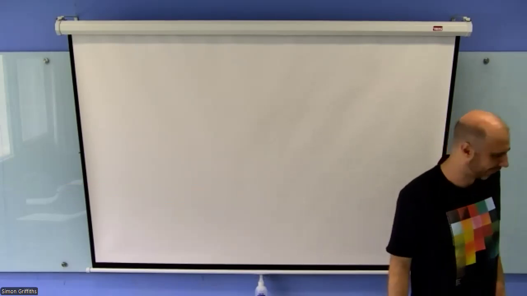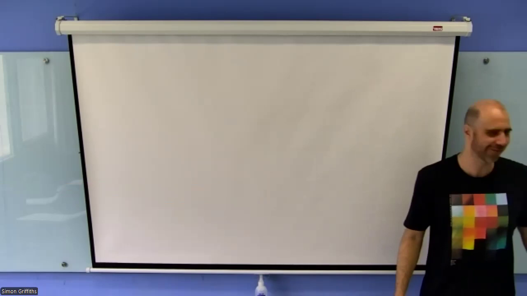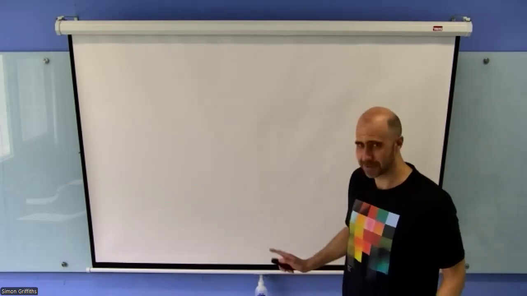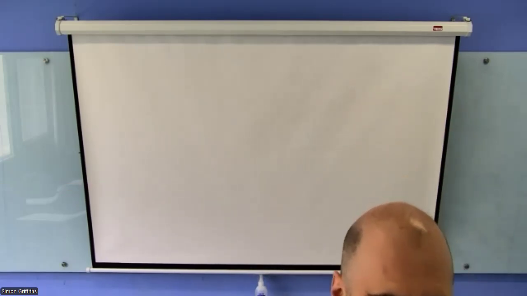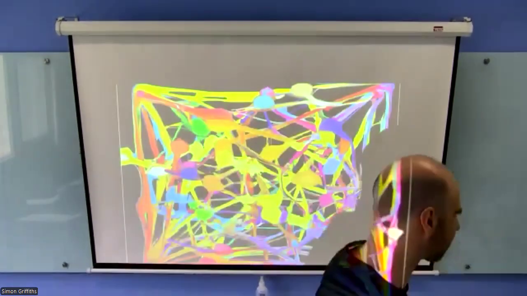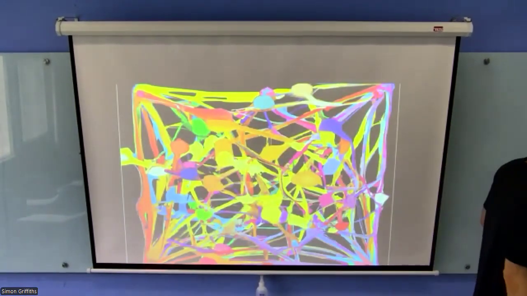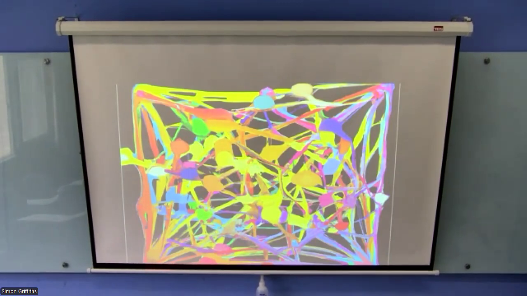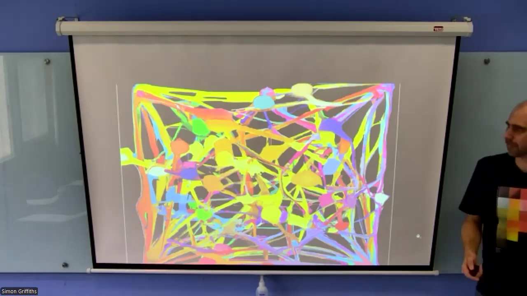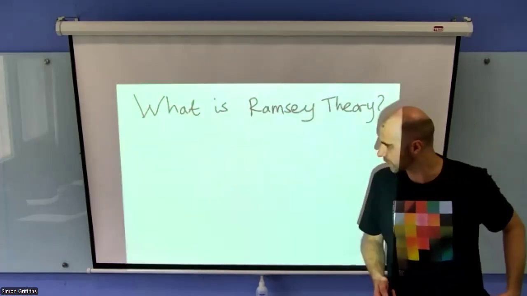So here we go. This is a nice AI-generated image, perhaps, of what might be a multi-colored graph, although it's a bit messy. And yes, that as well. Right. So let's talk through this presentation first, as we said.